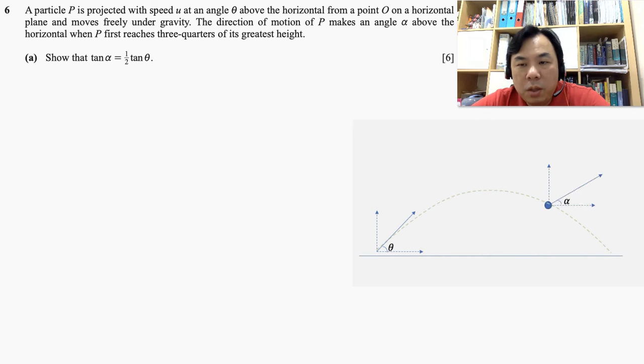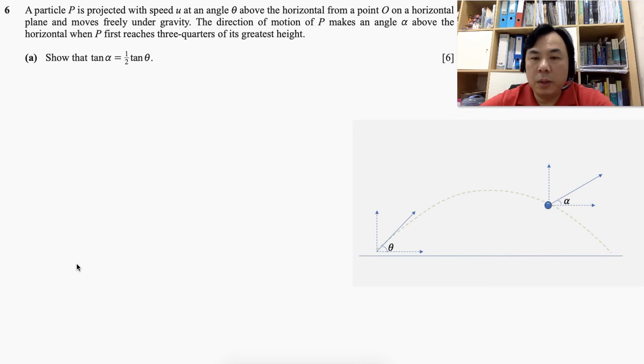It will launch and then reach 3/4 of its greatest height, for instance, somewhere there. Therefore, it makes an angle alpha to the horizontal. Now, that is what the question is referring to, the theta and alpha itself.